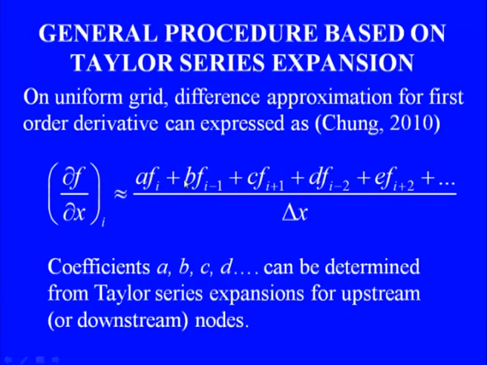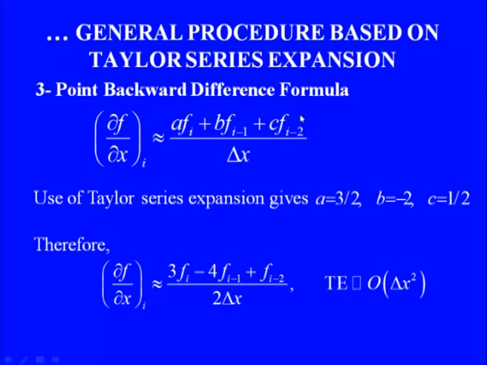To obtain the values of these coefficients a, b, c, d, they can be determined from Taylor series expansions for upstream nodes, that is nodes I plus 1, I plus 2 and so on, or downstream nodes I minus 1, I minus 2 and so on. One simple example is the 3-point backward difference formula, where we use the values at 2 downstream or backward nodes in addition to the function value at point xi.